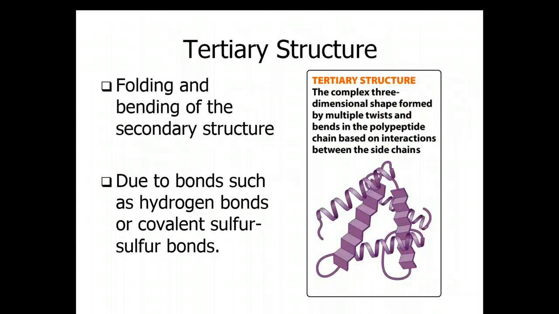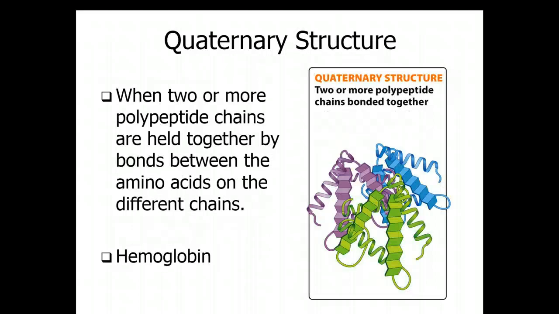And then the tertiary structure is the complex three-dimensional shape formed by folding and bending of the secondary structure due to bonds such as hydrogen bonds or covalent sulfur to sulfur bonds. These help make this tertiary structure, and a lot of times this is the active form for many of the proteins that we have. In the quaternary structure, we have two or more polypeptide chains held together between the amino acids in the different chains.